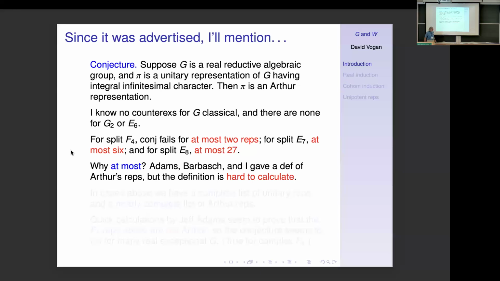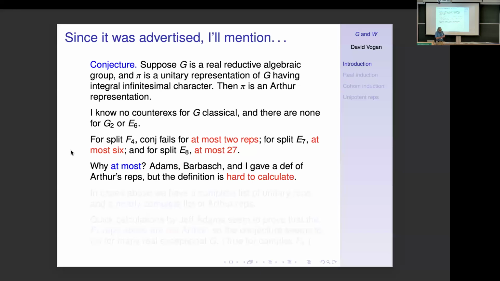And so we have in the Atlas software a function which will compute as much as we know how to calculate of Arthur's representations. I can plug it in and say, here's split F4, tell me all of the Arthur representations that you know, and it spits out this list.